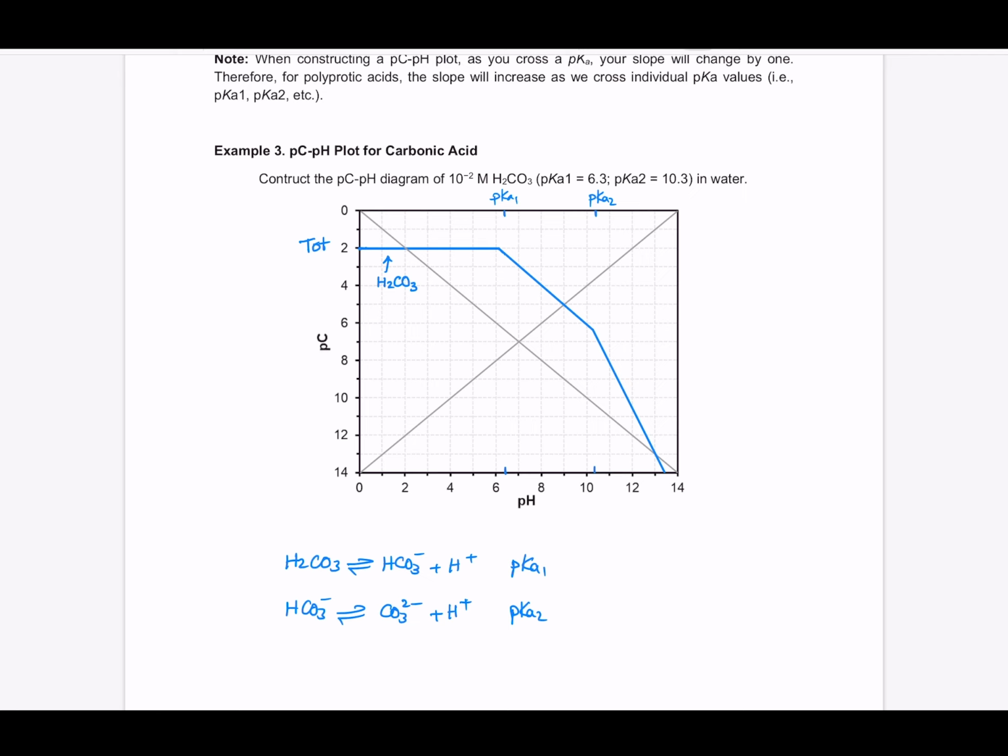So basically we have between the pKa1 and pKa2. And either way, when we pass pKa, the slope here goes to minus 1. And on the other side, we just pass 1 pKa, then the slope is again changed by 1, not 2.